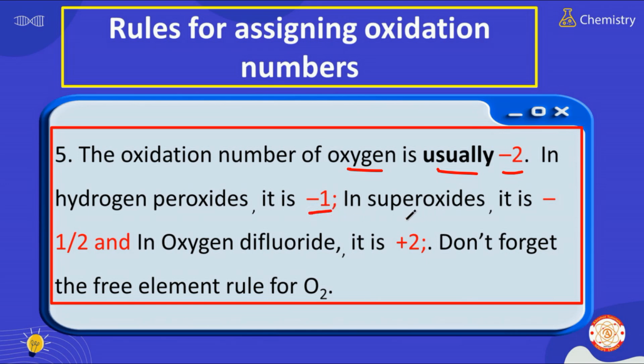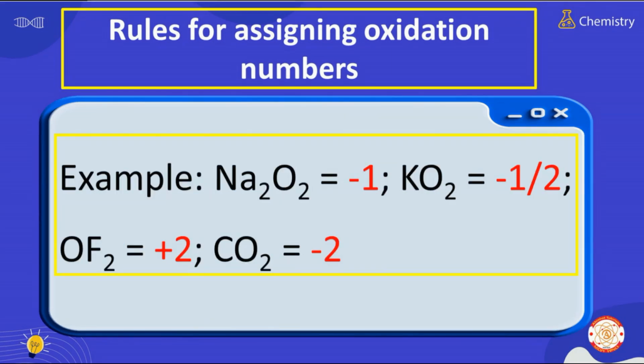In superoxides, the oxidation number of oxygen is -1/2. In oxygen difluoride, its oxidation number is +2. Elemental oxygen has an oxidation number of 0. So let's see one by one.